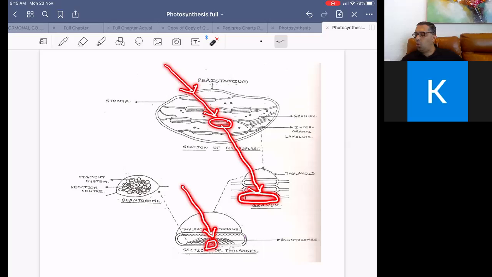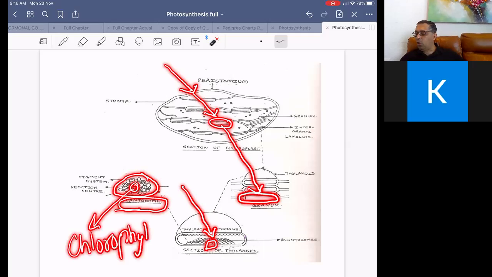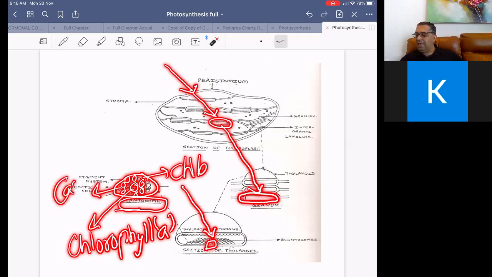Quantosome के अंदर होते हैं pigments, of which in the center is found chlorophyll A. Surrounding it are found chlorophyll B, carotene, and xanthophyll.